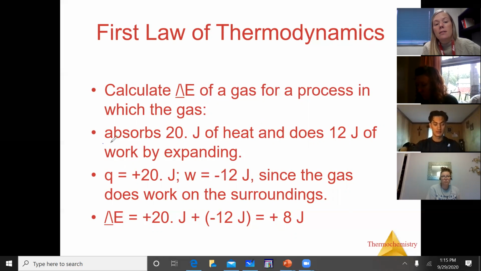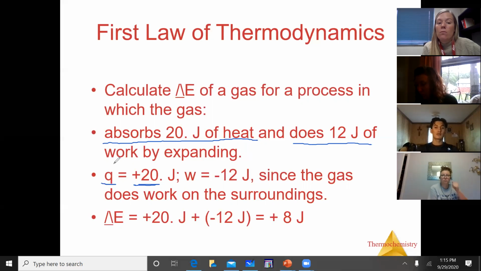In the first case, it says it's absorbing 20 joules of heat, so Q should be a positive 20, because we're taking that heat on. The second part says that it does 12 joules of work by expanding, so the gas is putting that energy into the surrounding environment. It's losing it.